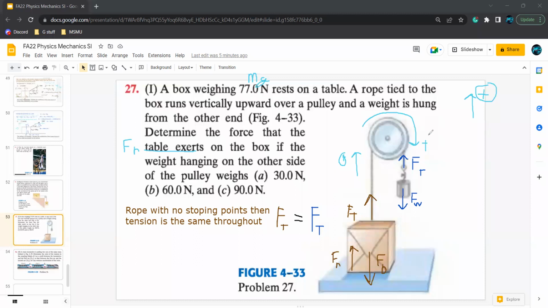So you really have to be careful about the signs that you're using, because it curves. Right, because you're looking at how it's getting pulled.